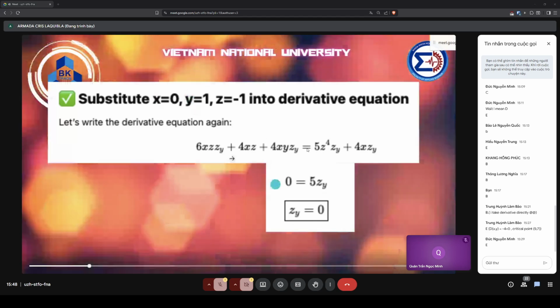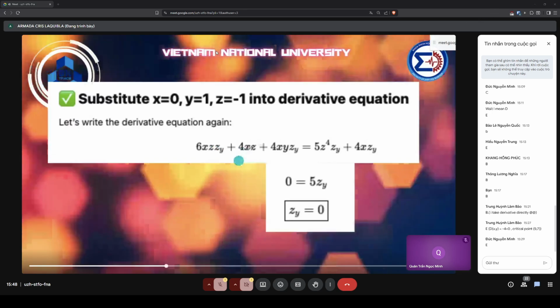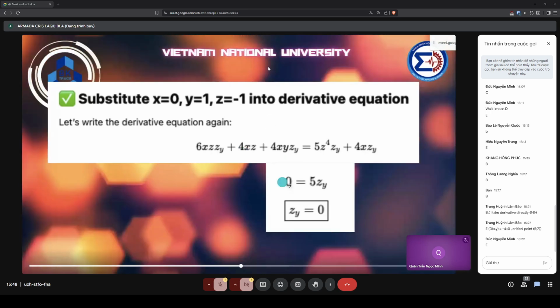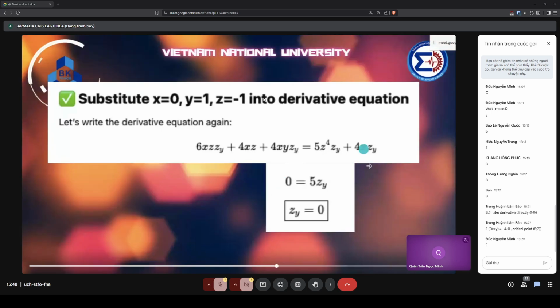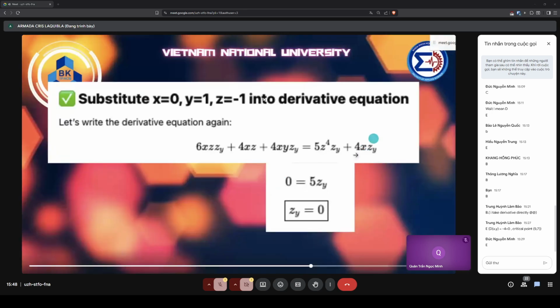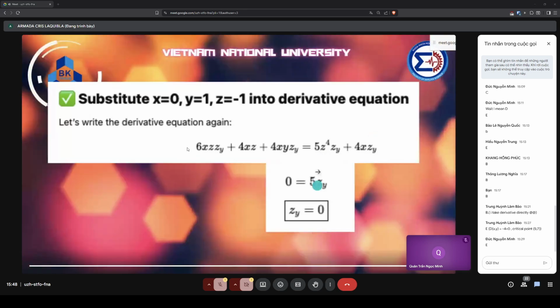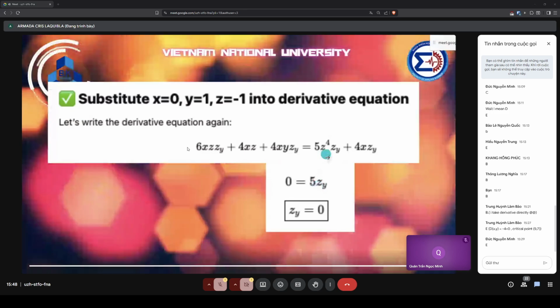So here, class, there's an x here, which is 0. For xz it is 0. For xy, there's an x here also, so this is 0. Here also there is an x that you can multiply, but your x is 0, so this term becomes 0. And your z is negative 1, so z to the power of 4 is 1, because negative 1 to the power of 4 is positive 1, so you have 5zy.